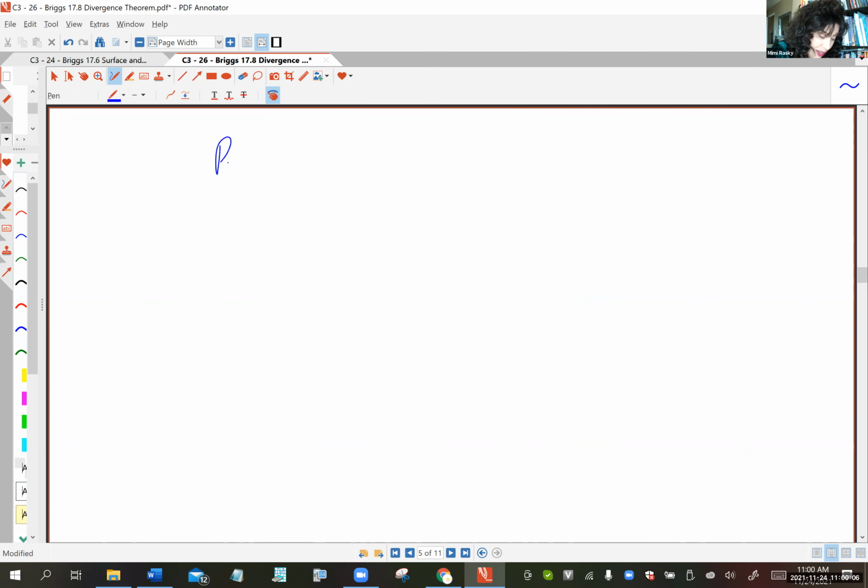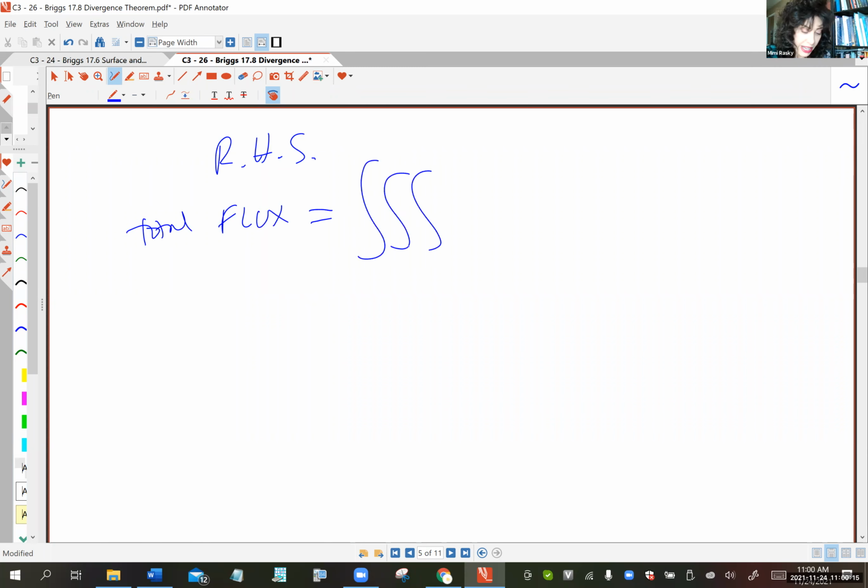So RHS, right-hand side. What does that mean? The total flux through this interesting solid can be calculated by the triple integral over Q, the overall solid, with the divergence of F as the integrand. Now remember the vector field they gave us.